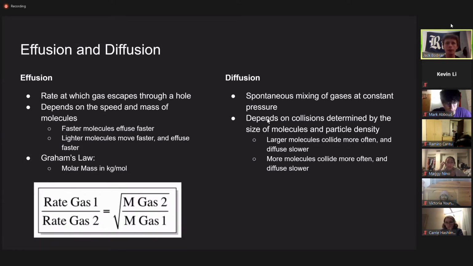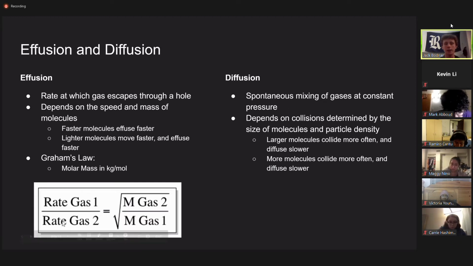And then finally, the last part of KMT that we really talked about was effusion versus diffusion. Effusion is the rate at which gas escapes through a hole, and that depends on the speed and the mass of the molecule. Really, it's just the mass. So faster molecules will effuse faster, pretty self-explanatory. But then lighter molecules will move faster and therefore also effuse faster.